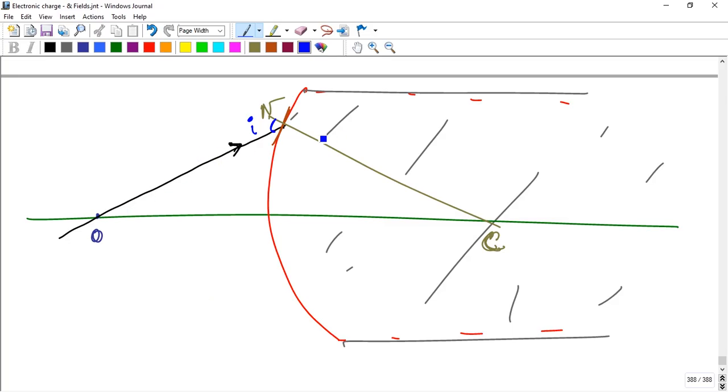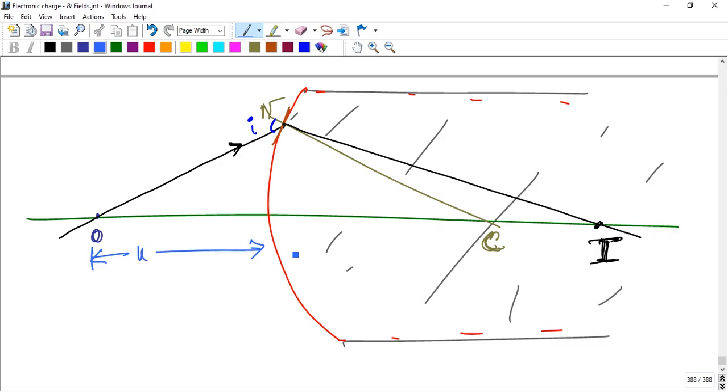So light travels from rarer medium to denser medium. Suppose this is the more optically dense medium. So that's why it bends towards the normal. So it creates an image here. There is an object, there is an image. So here this distance is called u, the object distance, and this is the radius of curvature R, and this distance is v, from the pole to the image.